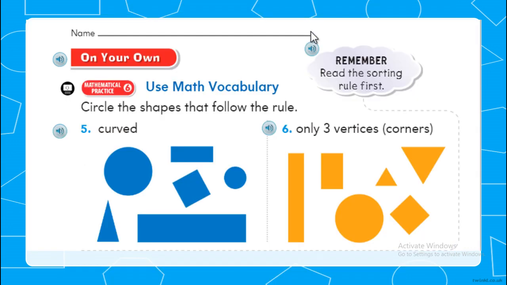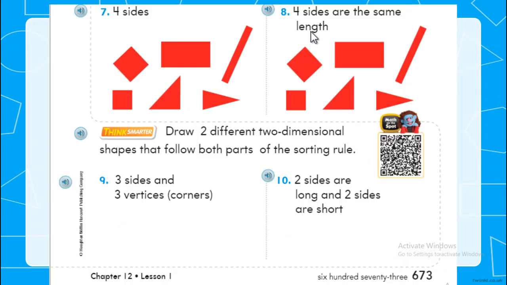Circle the shapes that follow the rule. In number 5, they want me to circle the shapes that are curved. The circles only, excellent. Only 3 vertices in number 6. Which shapes have only 3 vertices? The triangles, wonderful. Now in number 7, we need the shapes that has 4 sides.